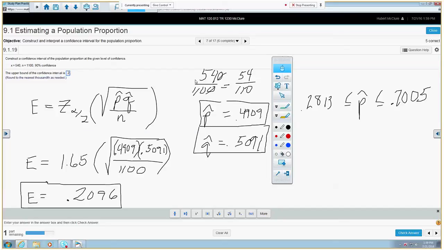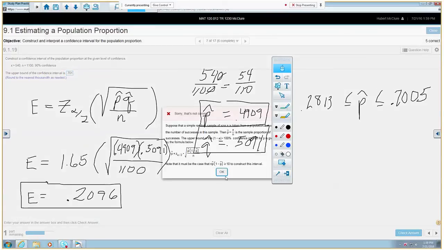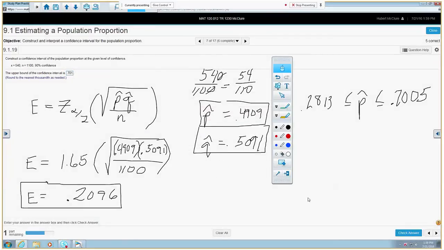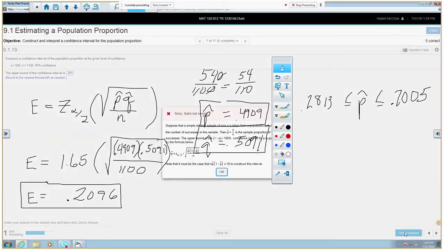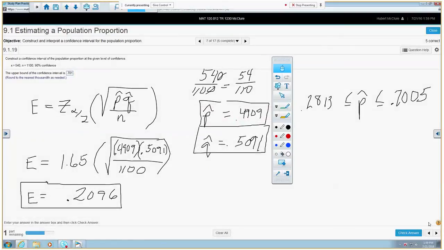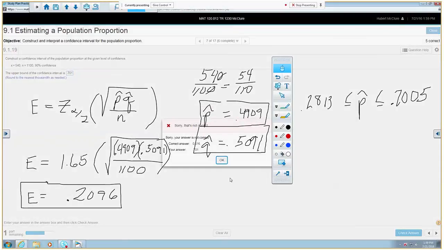Oh, that's the upper bound, .701. It must be a rounding issue. Okay, we did something wrong.